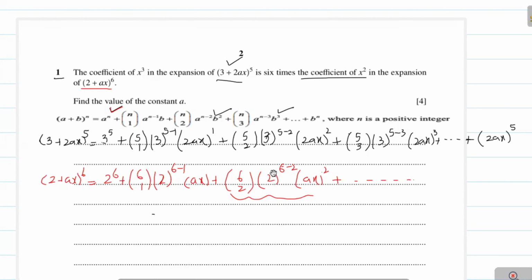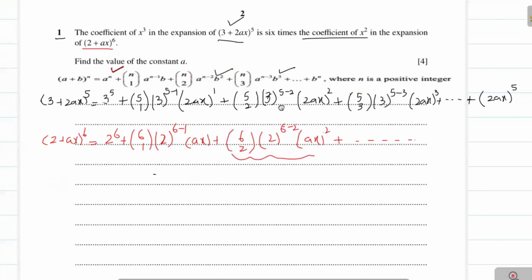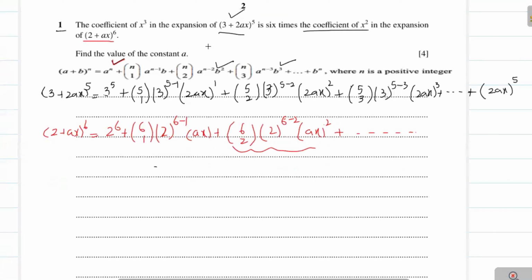The condition given here is that the coefficient of x cube is 6 times the coefficient of x square. The coefficient of x cube, you see here, this is the term in which it lies.